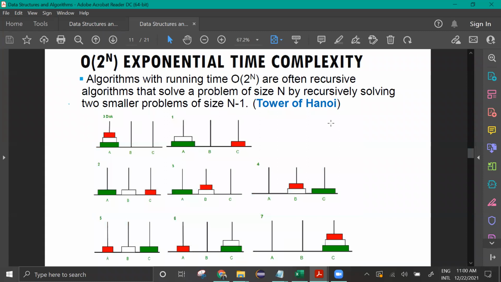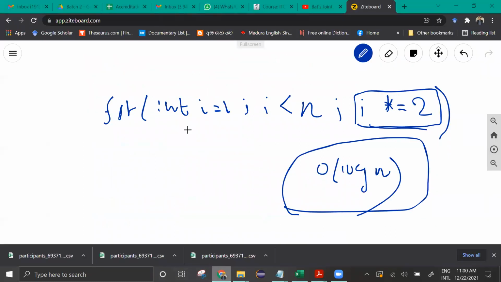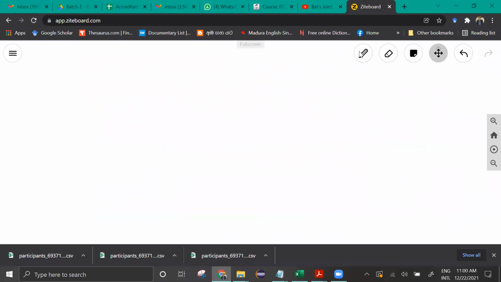So approximately, the n is 3, right? So the number of steps would be 7 here.